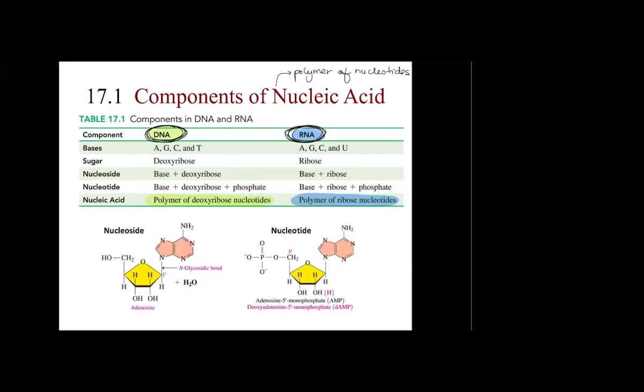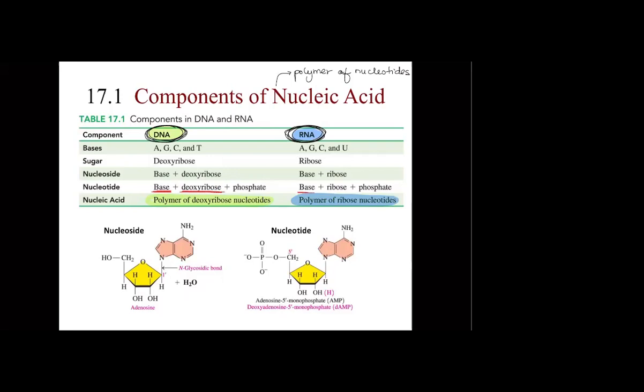Now, we know that since nucleotides are specifically the basic unit for a nucleic acid, we can observe that a nucleotide is made by a base, a sugar, which can be deoxyribose or ribose.